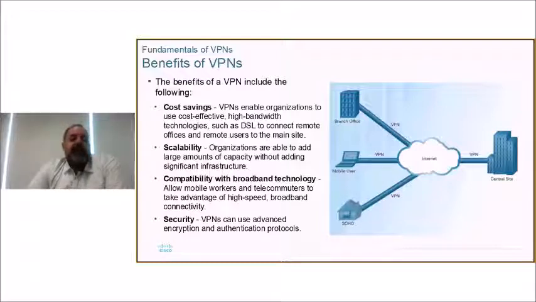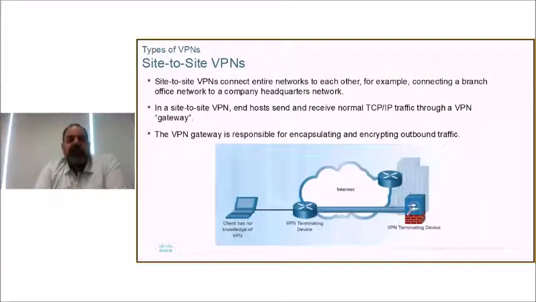You don't have to, as I said, have dedicated links for these connections. Scalability, and so it means you can have multiple VPNs over this one link to the central site. Of course, it's compatible with broadband technology, and VPNs are pretty secure, as long as you set them up right, at least using more modern technologies.